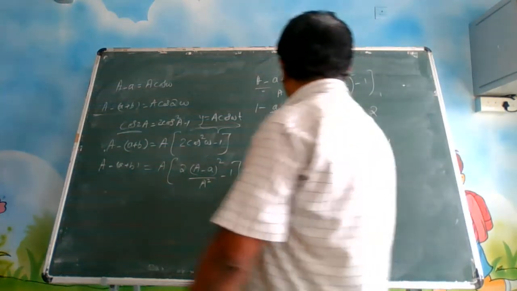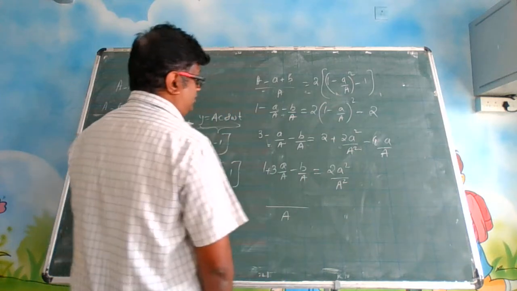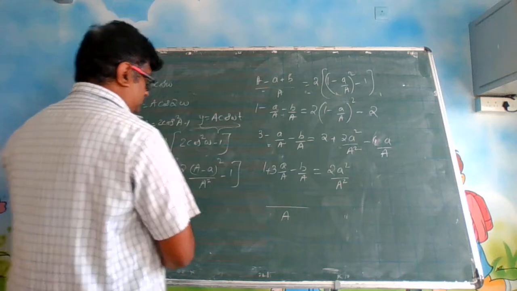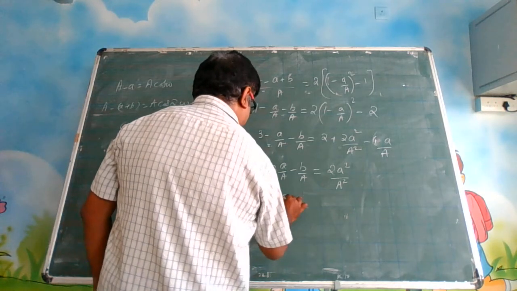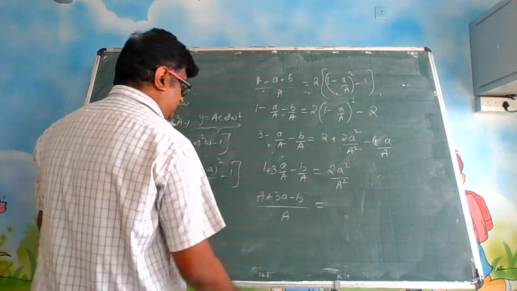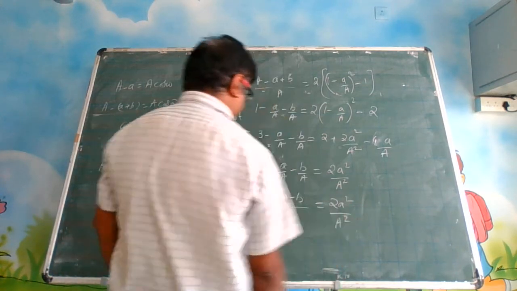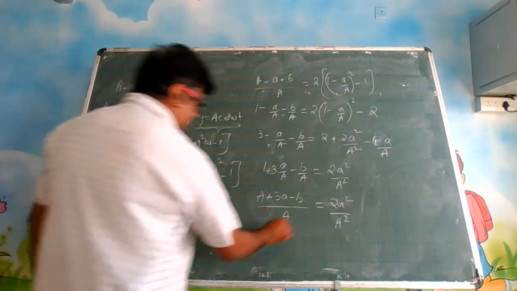1 plus 3a by a minus b by a is equal to 2 into a square by a square. So what are we getting here now? We are getting a plus 3a minus b is equal to 2a square by a square. Isn't it? So we can cancel out one a here.